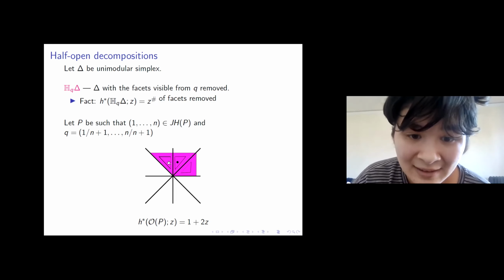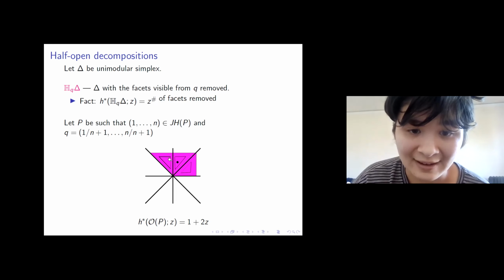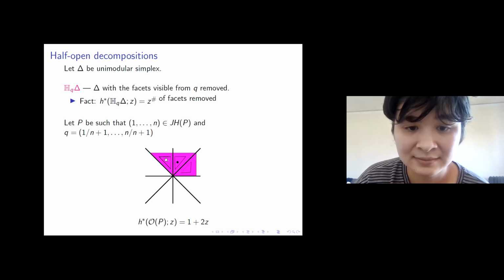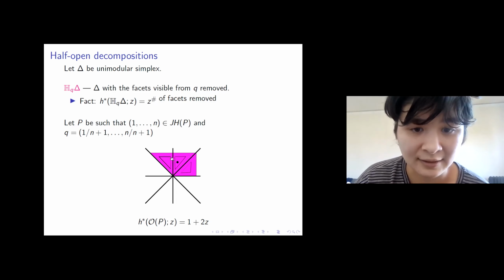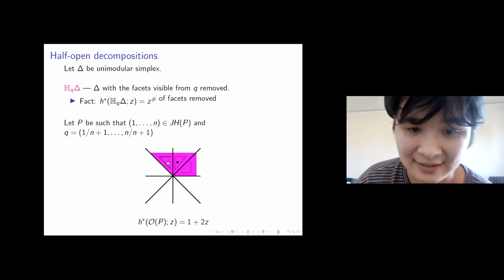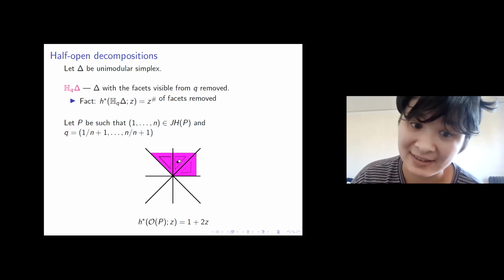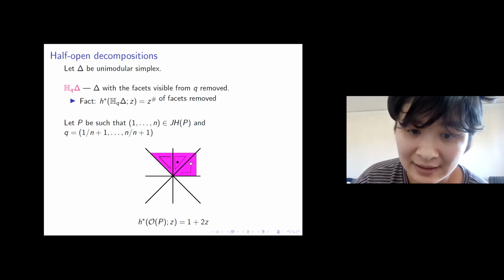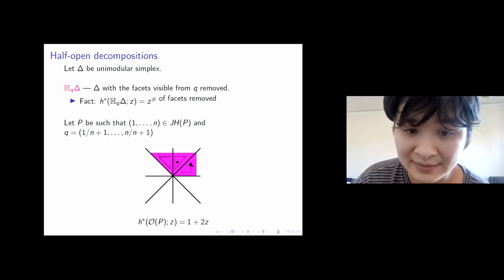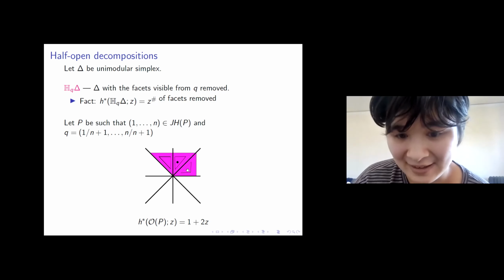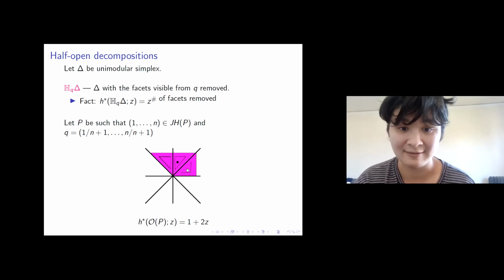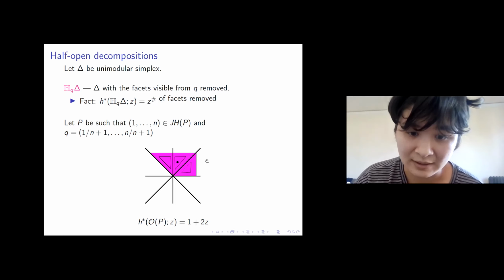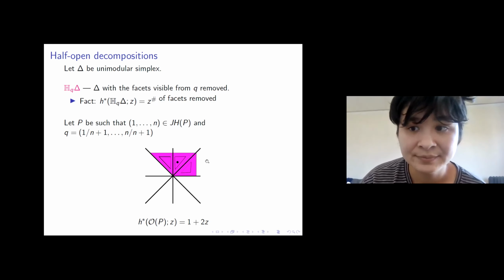So here, what would the H-star polynomial of this half-open simplex be? We're missing one facet, so this is z. We're missing no facets here, so this gives us a 1. We're missing one facet here, so this gives us another z. So you can see from this picture that the H-star polynomial of this polytope is 1 plus 2z.